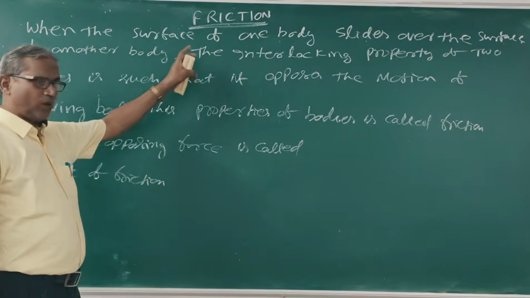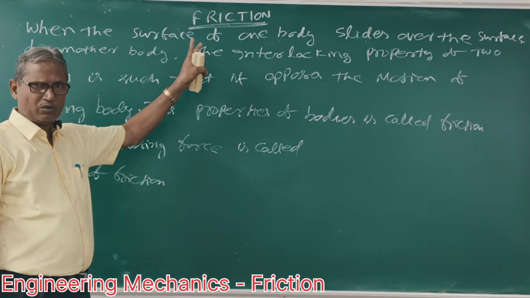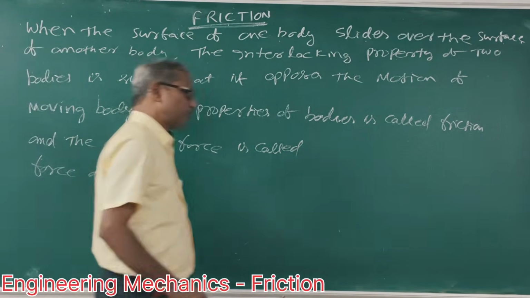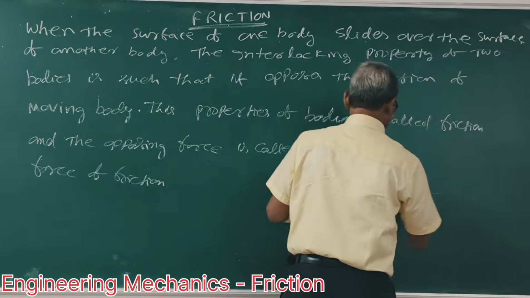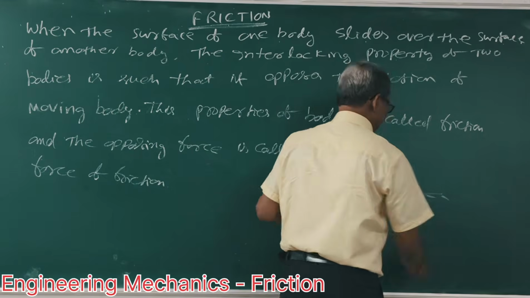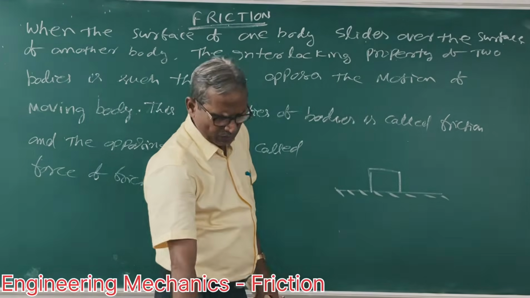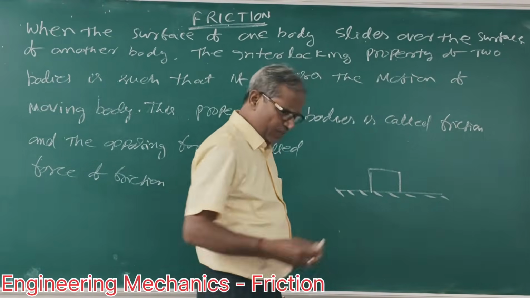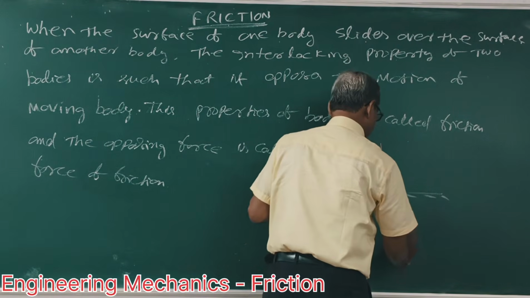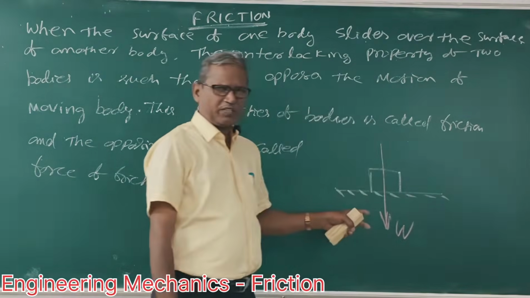Now, today we will discuss friction. What is friction? Suppose this is a body resting on the plane, its weight is W, and the weight is always acting vertically downwards.